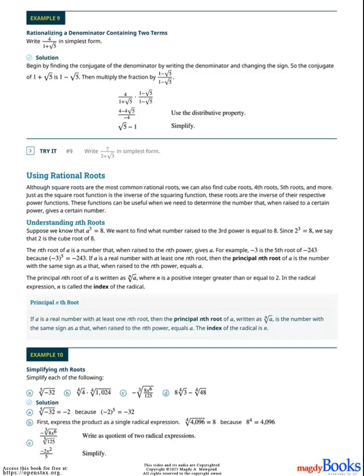Negative cube root of 8x to the power of 6 over cube root of 125 equals negative cube root of 8x to the power of 6 over cube root of 125. Write as a quotient of two radical expressions. Equals -2x squared over 5.